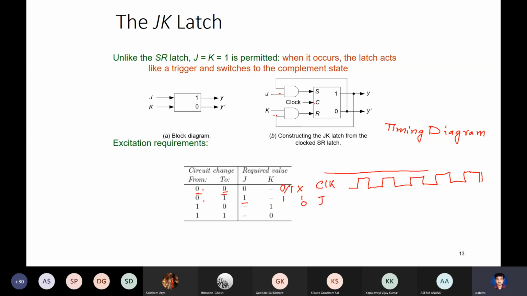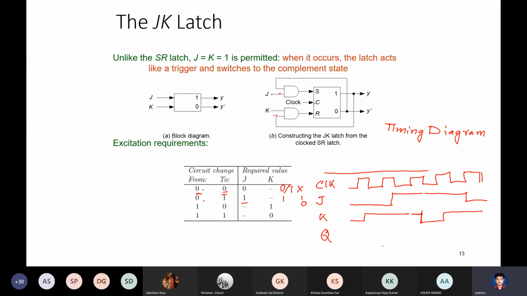This is my J, which can be anything, and this is my K, which again can be anything. I want to write down my output. Note that this is clock enabled, which means only when the clock is in the on state will any change be reflected.